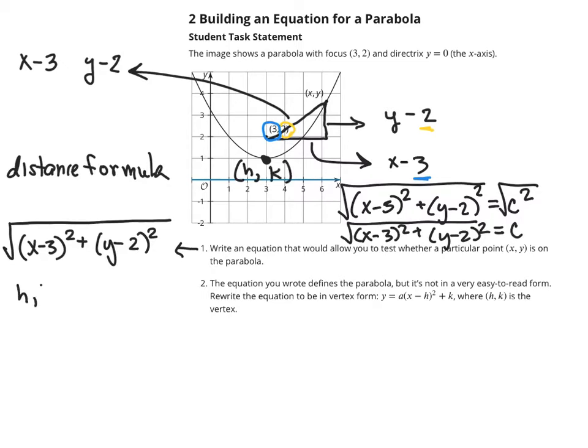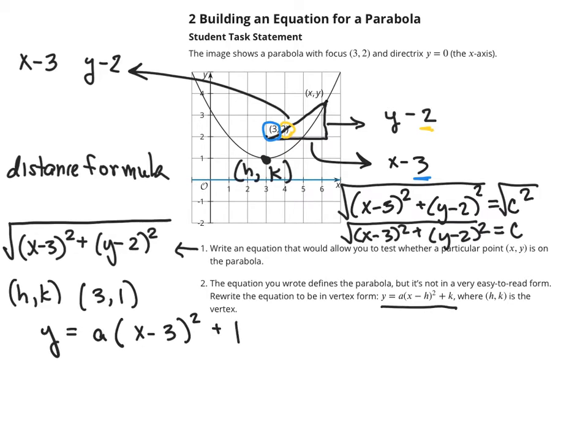So h and k are, count that over, it's over 3 comma up 1. If we put that into what they call vertex form, we have y equals a, because I'm not sure what a is yet, x minus h, which is x minus 3 squared, plus k, which is 1.